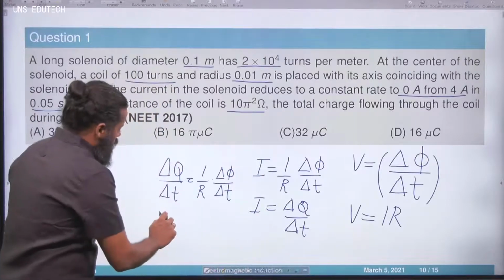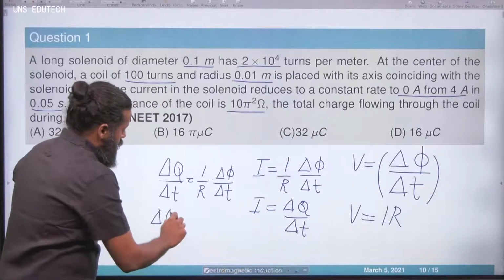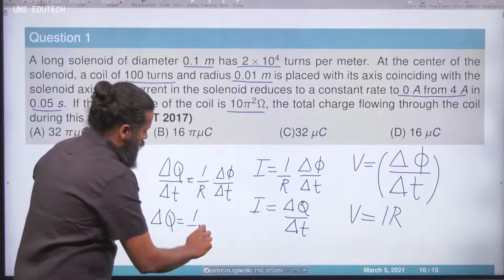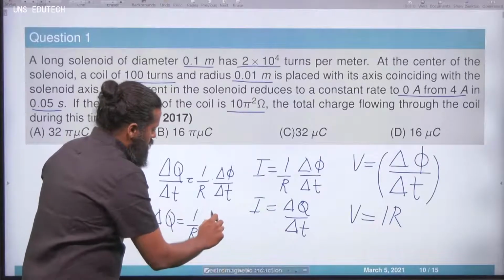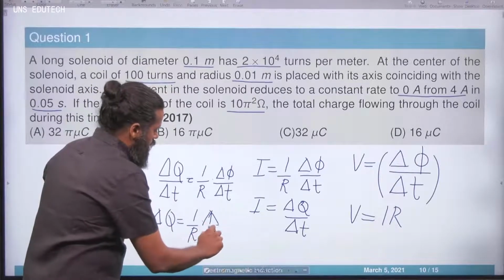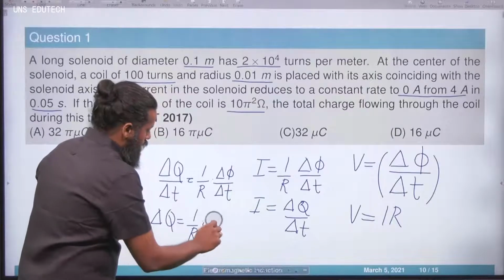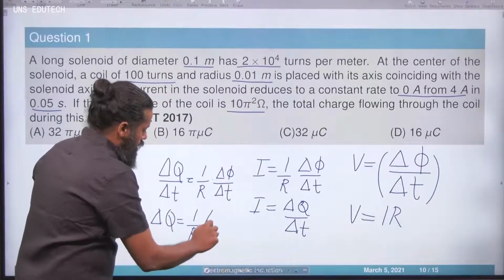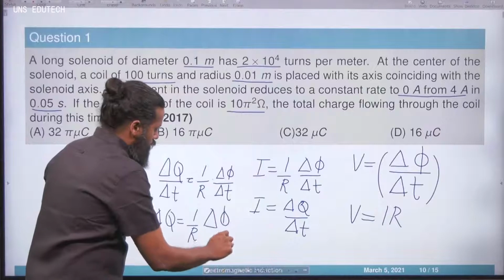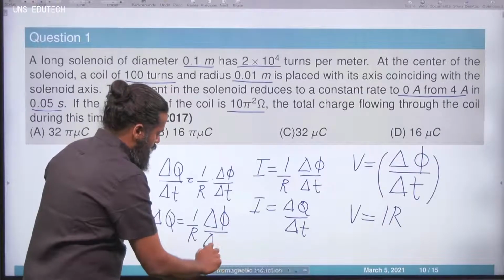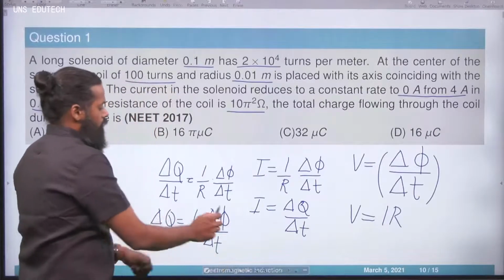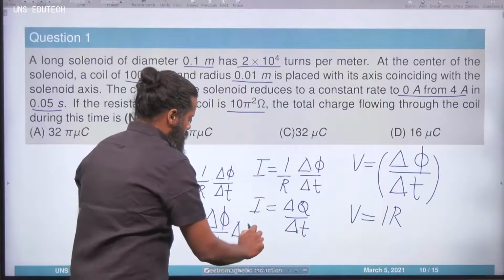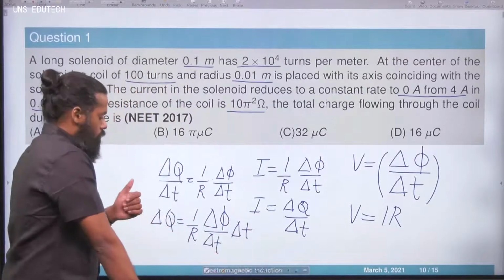So delta Q is nothing but 1 by R into change in flux. Always remember the total change in flux in the system. So delta phi divided by delta T, and here this delta T will be coming in the numerator.